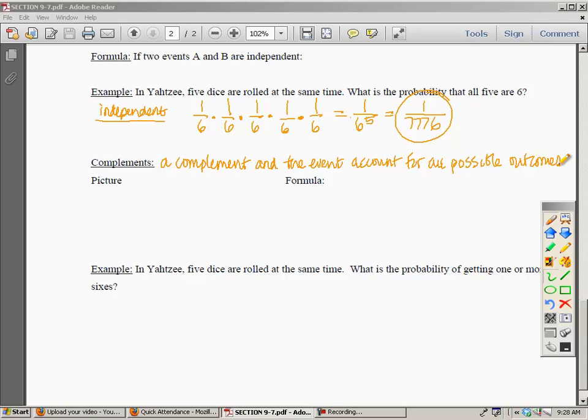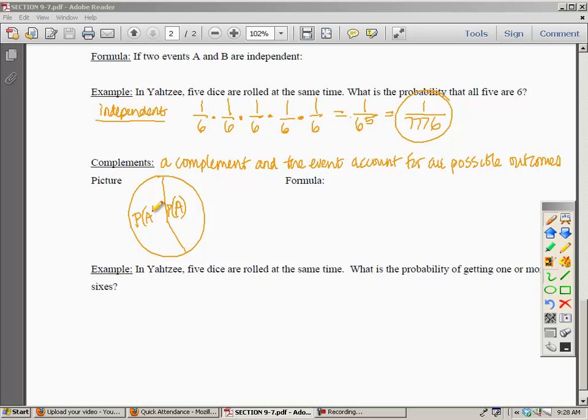So in a picture, here's my 100% of the time. I have one event, and it doesn't really matter what it looks like, but let's say my event happens about 40% of the time. This is my event A. So the probability of event A is here. And this is my complement.